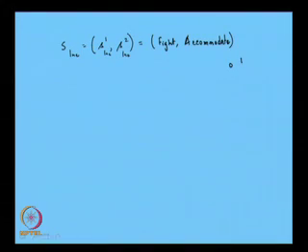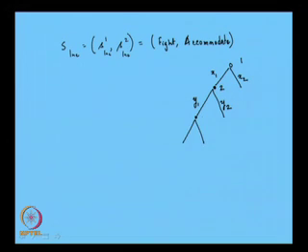Suppose this is player 1, he has two actions, suppose x1, x2. If x1 happens, suppose it is player 2's turn to move, and suppose the actions are y1, y2, and then suppose again it is player 1's turn to move, and they are suppose z1 and z2.